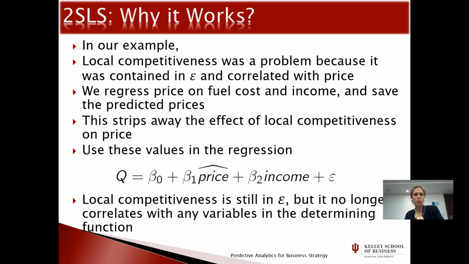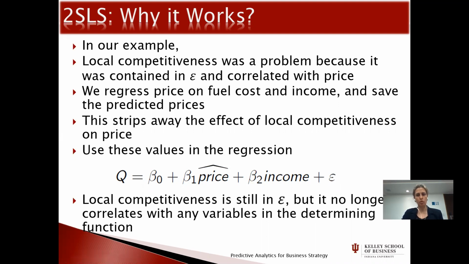If you think about competitiveness, of course, competitiveness is not going anywhere. Competitiveness is still in your error term. But what we have now is we broke the correlation between price and the error term. We don't have a correlation between price hats and the error term, because of this exogeneity idea.